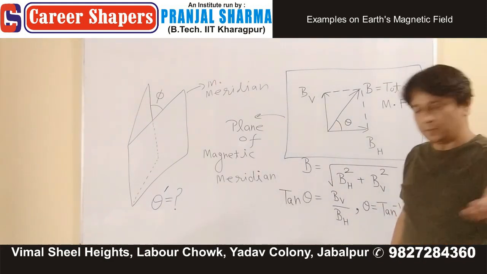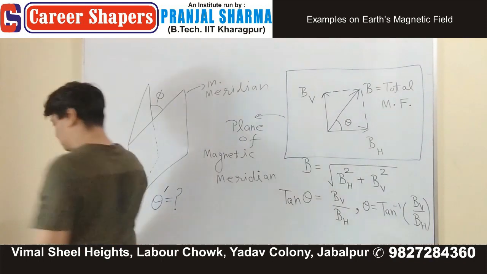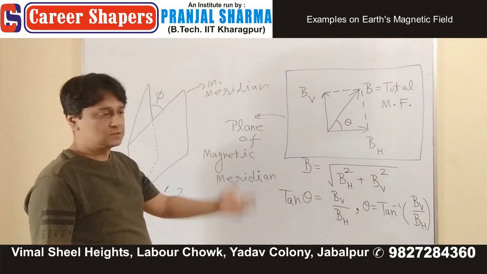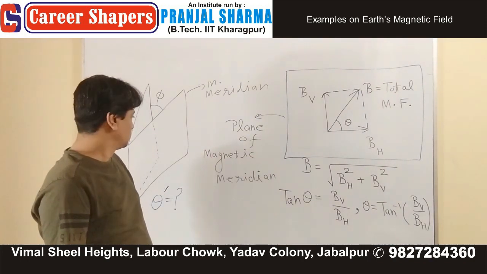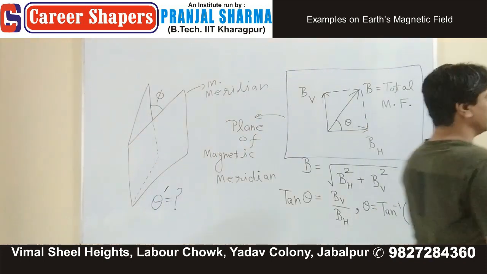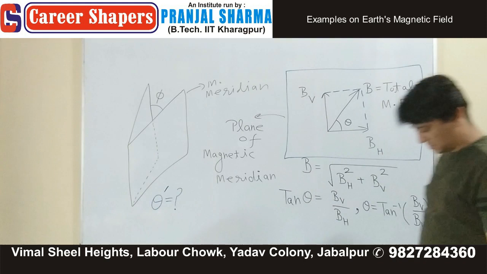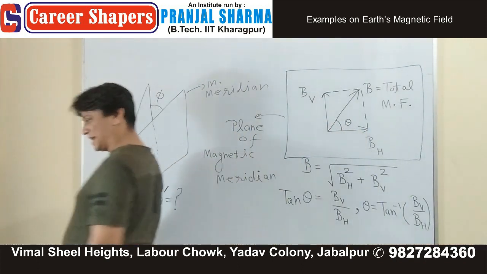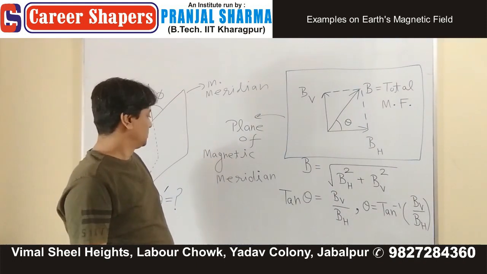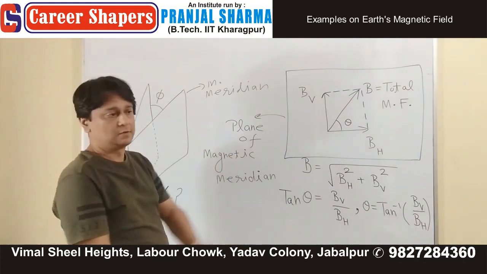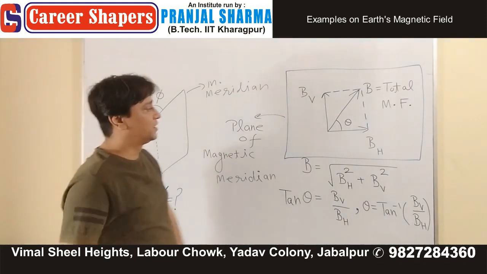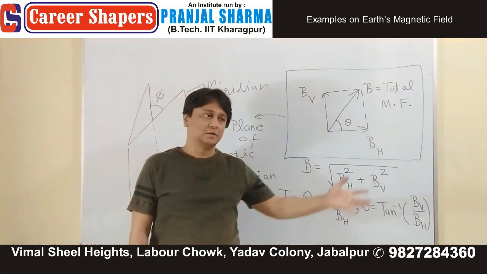Which is a vertical plane that contains the magnetic field line produced by Earth.